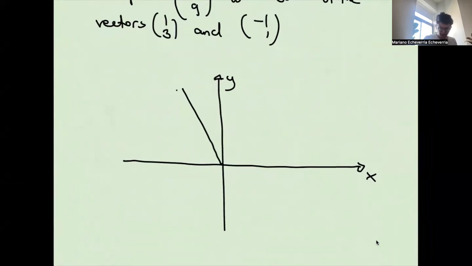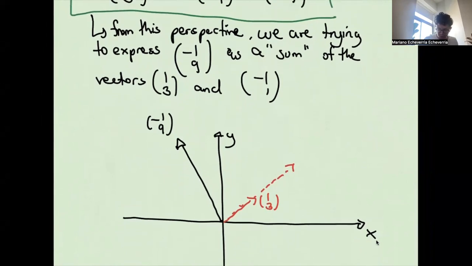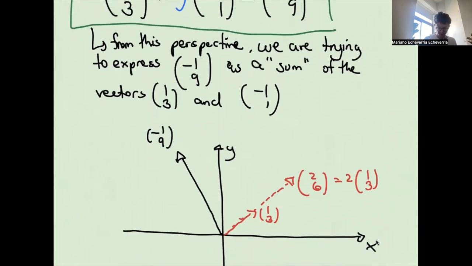So here you had negative 1, 9. You had this vector 1, 3, and this one doesn't quite work. So you rescale it by a factor of 2, until you get to 2, 6, which is 2 times 1, 3. Okay. And then you had this other vector, which was negative 1, 1.